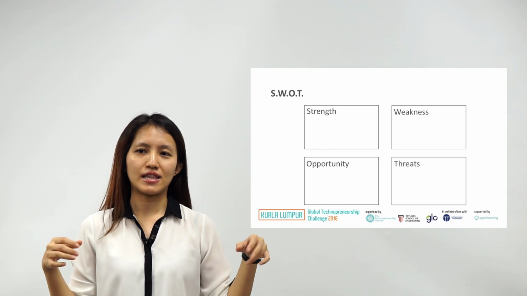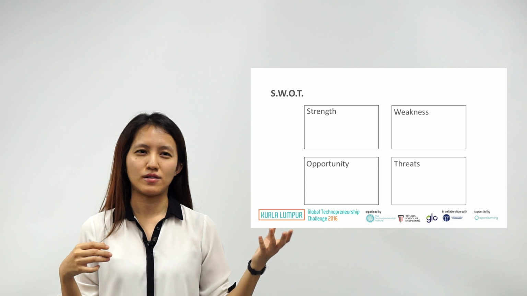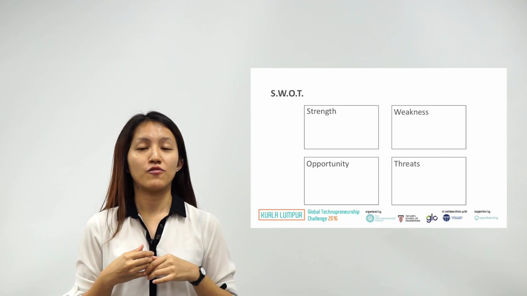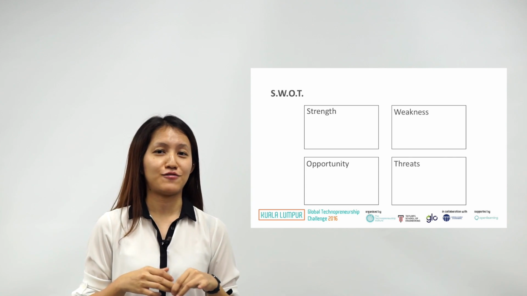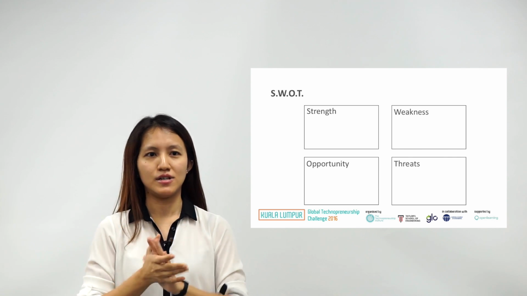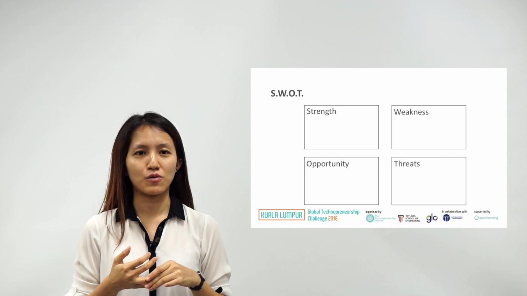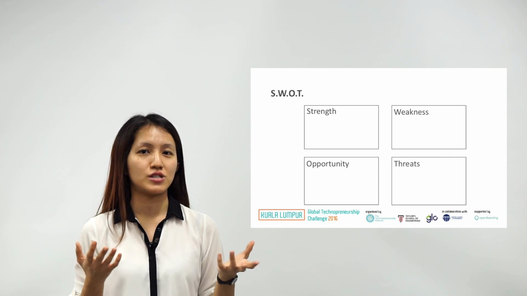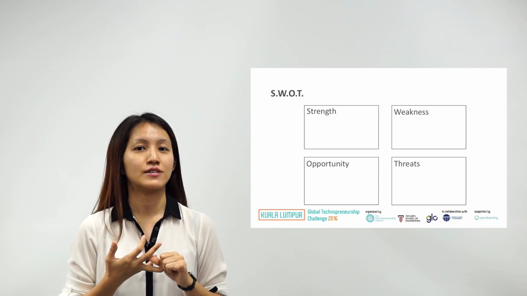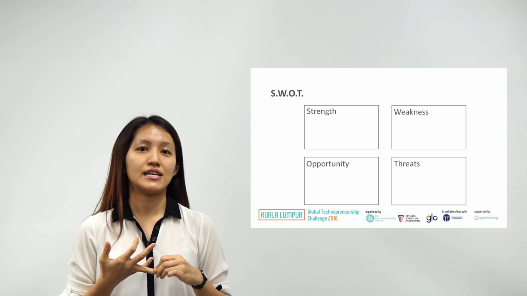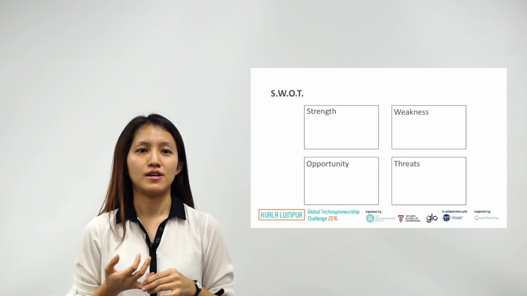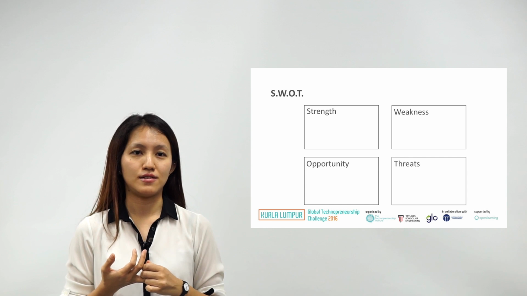These are what we call the internal factors. For the external factors that can affect your team, that would be the opportunities and the threats. You might want to look at what sort of opportunities you have that you can make use of as a competitive advantage for your team, as well as the threats.